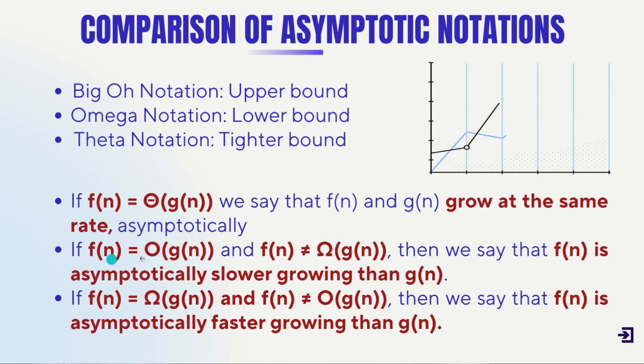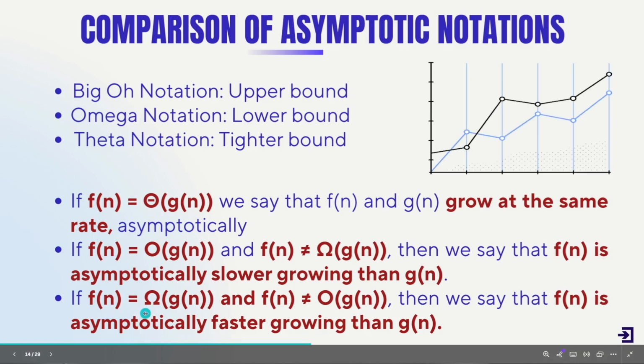We say f of n is equivalent to big O of g of n only if f of n is asymptotically slower growing than g of n, that is we are defining the upper bound for that function f of n, and we will be using f of n is equivalent to omega of g of n. Then we say that f of n is asymptotically faster growing than g of n, that is we are saying its lower bound.